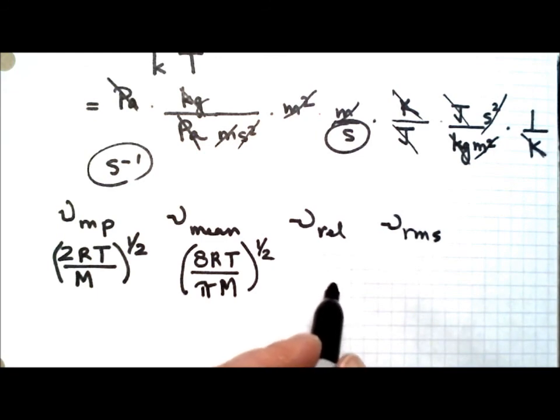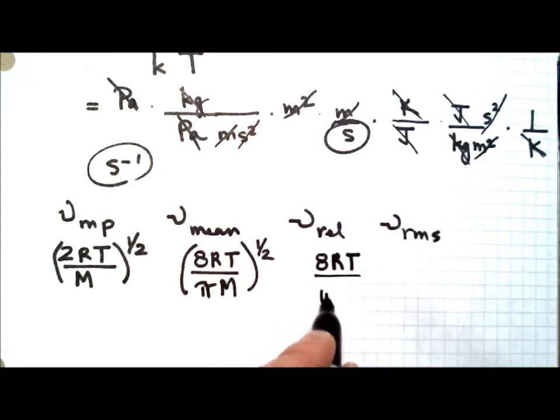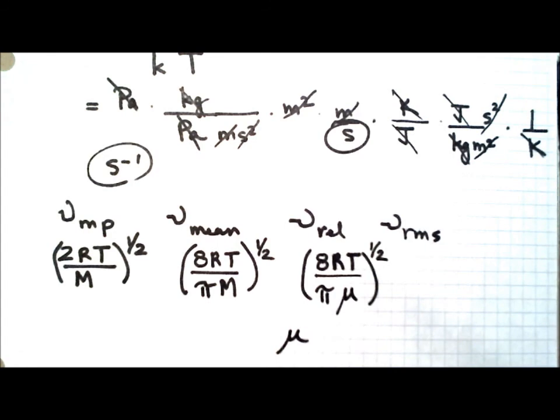The relative speed is 8RT over pi mu all to the 1/2, where mu is my reduced mass, and it is the product of big M_A M_B over M_A plus M_B, where A and B are my two types of gas particles.